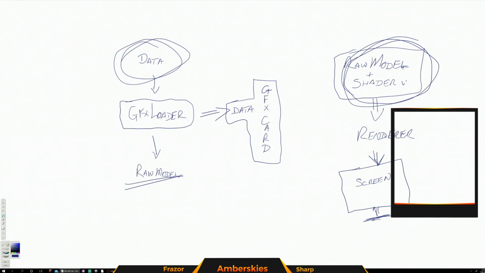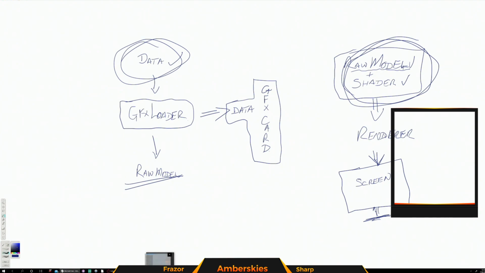So tick, tick, tick. That data will go into the raw model. So it gives you your raw model. We've already shown that. And the shader we have to get separately. And that's it. We've already done the shader. That's been knocking around in here for ages, so I thought I'd use it. Let's get that going, shall we?